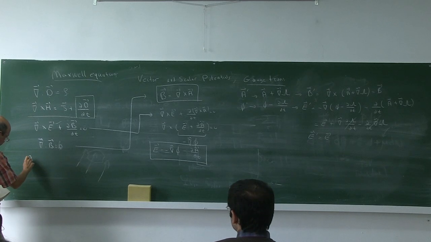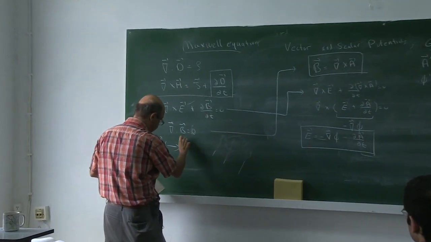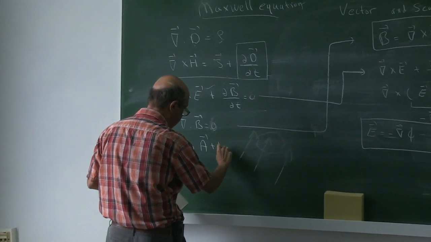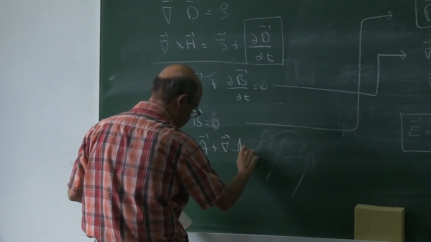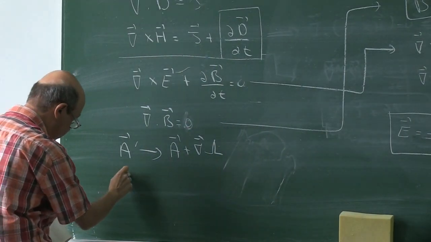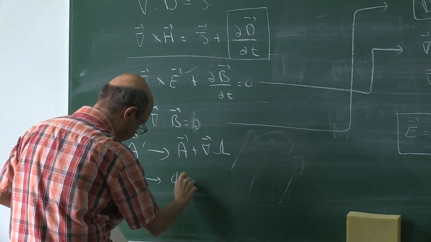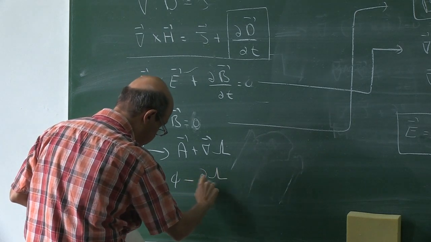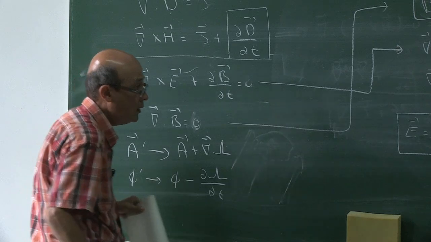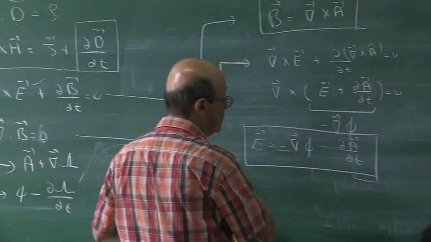So basically, E prime and B prime don't change, and we have the fields in terms of the potentials.